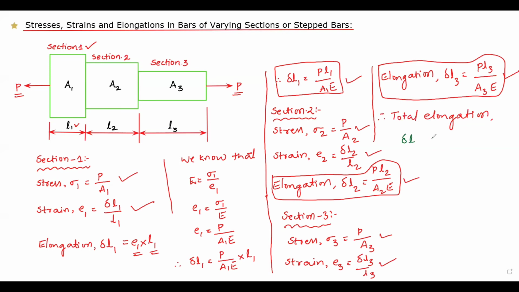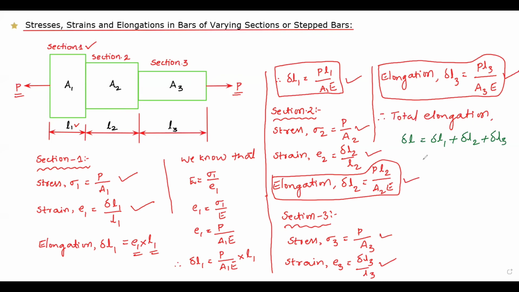L, which is equal to, see here, the 3 sections carry tensile load only. So when the 3 sections have tensile loads, it will be delta L1 plus delta L2 plus delta L3. So the sum of the 3 individual changes in length will give the total elongation, right?